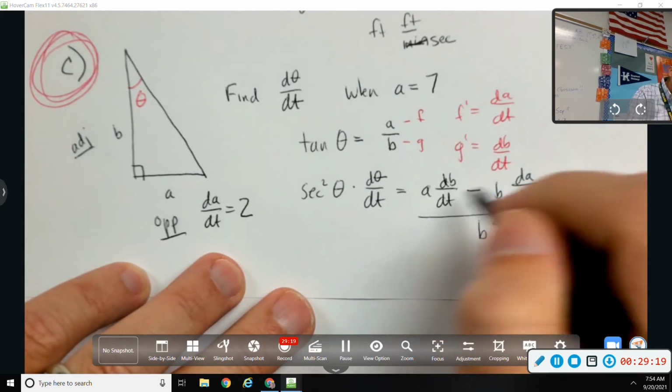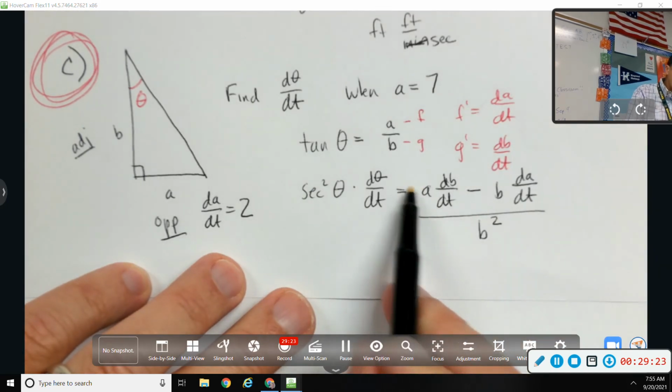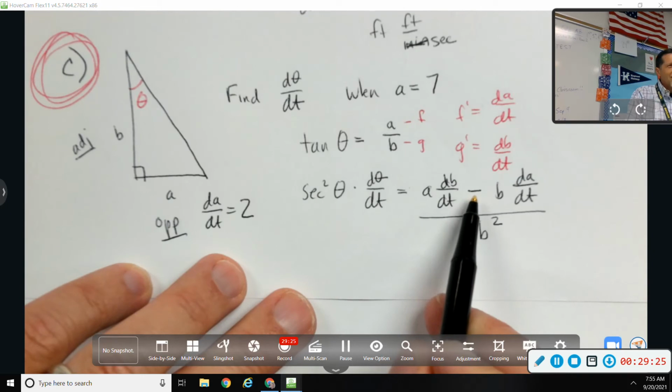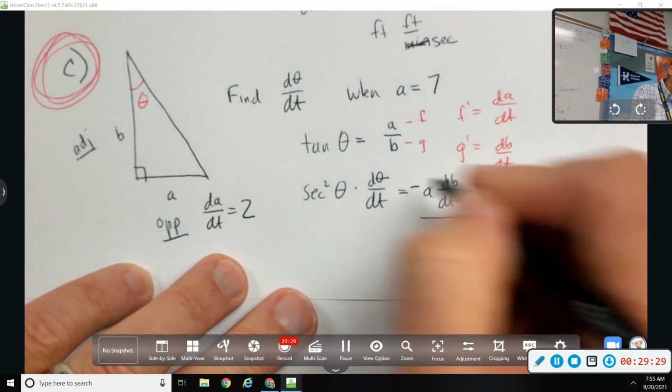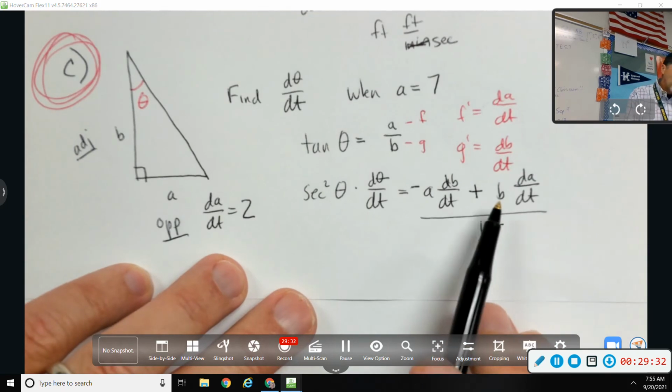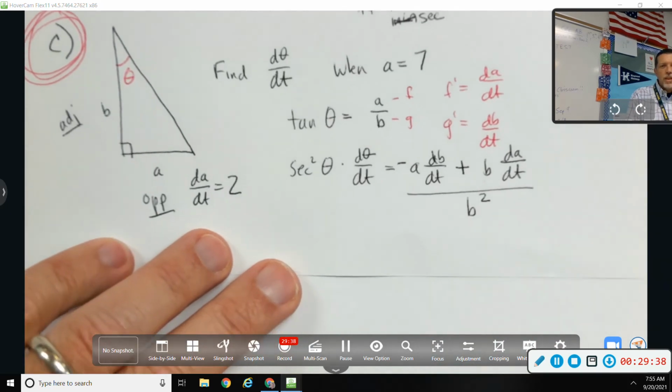Now I'm trying to think of a way to fix it without erasing it. Would it bother you if I just put the minus sign and made this one plus? I mean, it's mathematically accurate. It doesn't feel right, but now the gf prime is positive. So thank you. I did make a mistake on that.